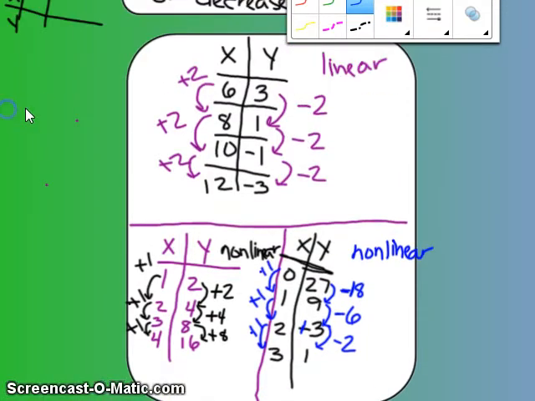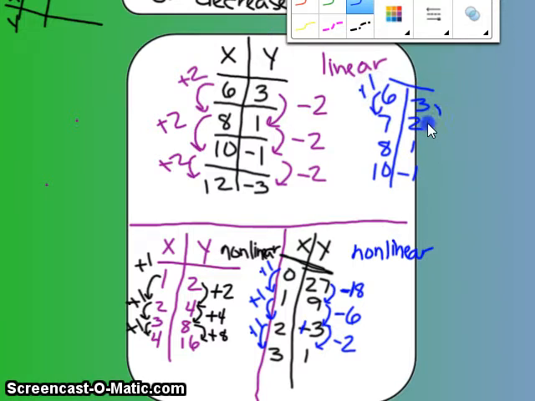So in this first example, it's linear because it's add 2, subtract 2, add 2, subtract 2, add 2, subtract 2. If it would have done this, 6, 7, 8, 10, with 3, 2, 1, -1, we want to see that even though this is add 1, subtract 1, and then add 1, subtract 1, even though here it adds 2, that's okay as long as this doubles on the other side.